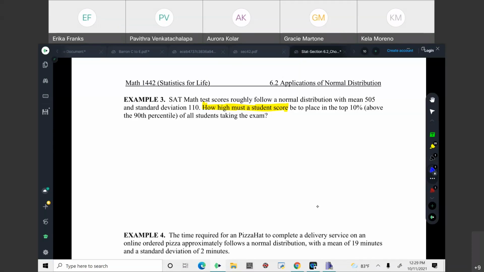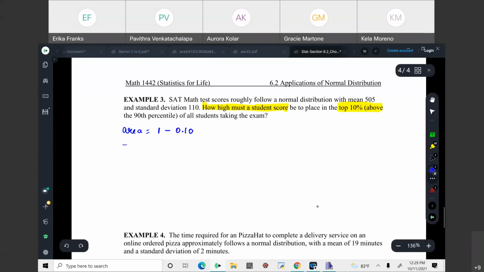Whenever the area is not given directly, you have to calculate the area like this, 10%, which is 0.10. This will be your area.